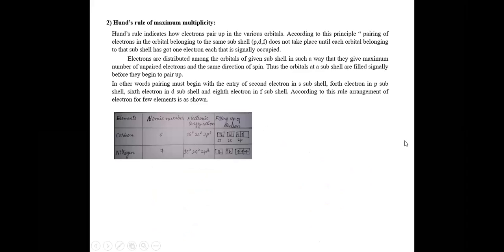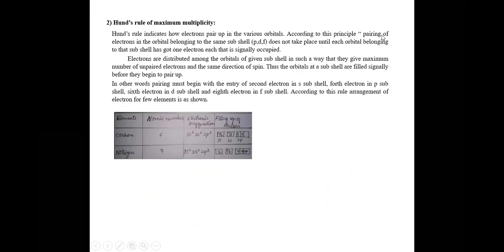Next one is Hund's rule of maximum multiplicity. Here, Hund's rule indicates how electrons pair up in the various orbitals. There we have studied about filling up of the orbitals with the electrons, but here we are studying about pairing of the electrons in the orbitals.